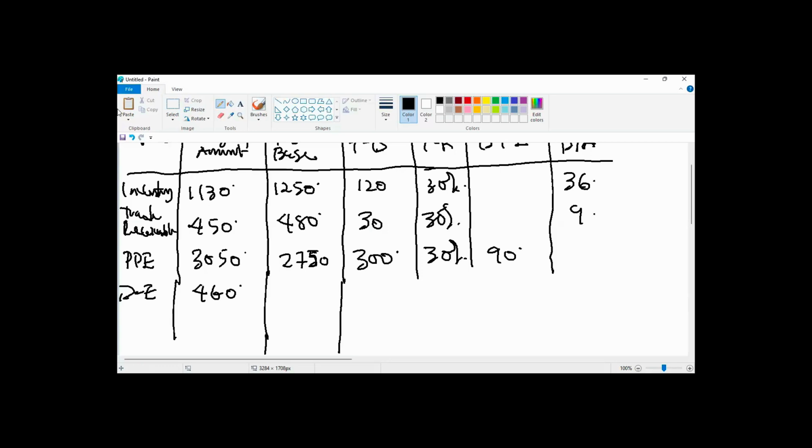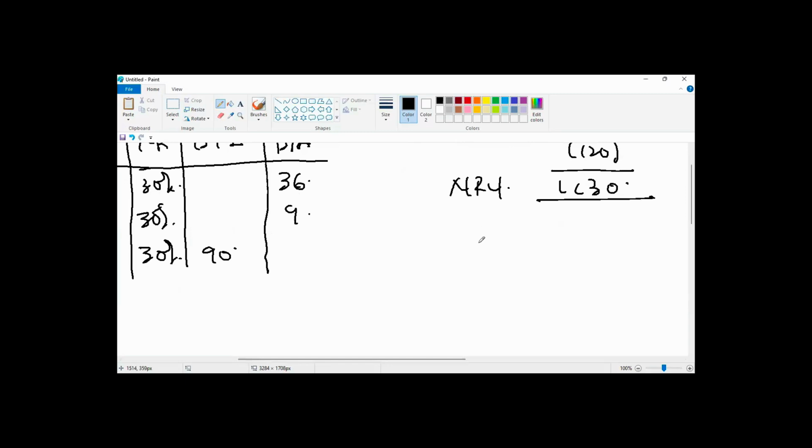I think it's 0. I don't know. Look at the carrying amount for development expenditure, the carrying amount and tax base. 480. We remove amortization, 20.